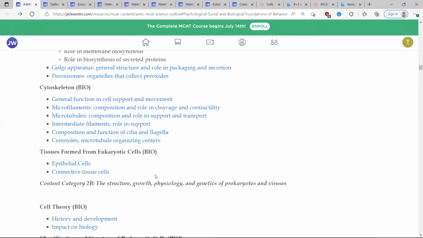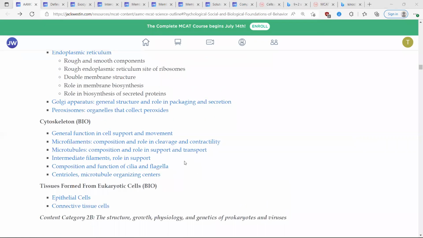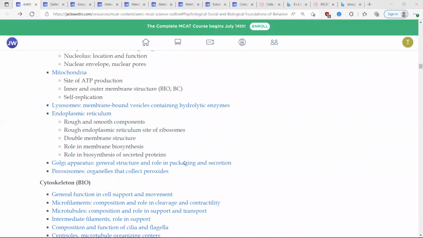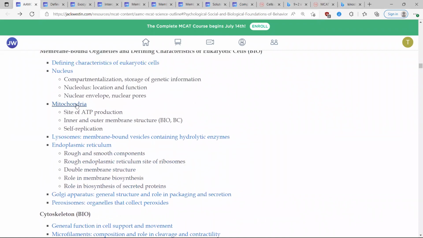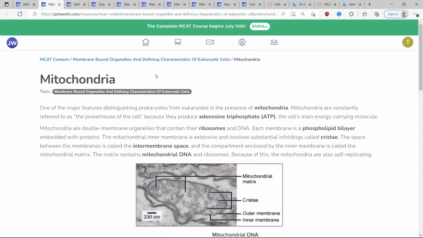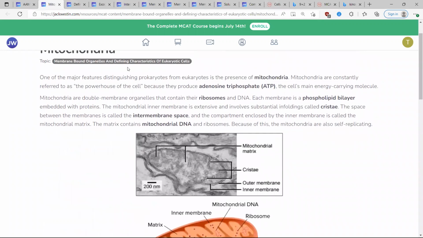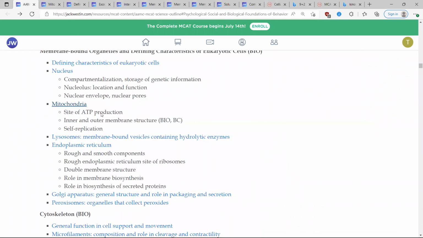I think we can dive a little bit deeper on that, especially on mitochondria. So in mitochondria, let's see.